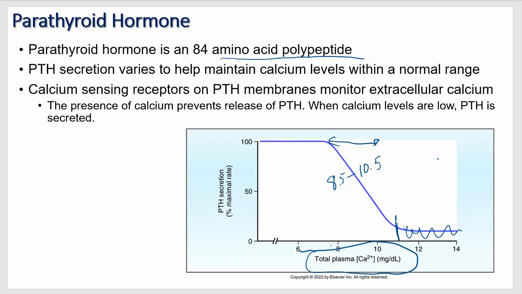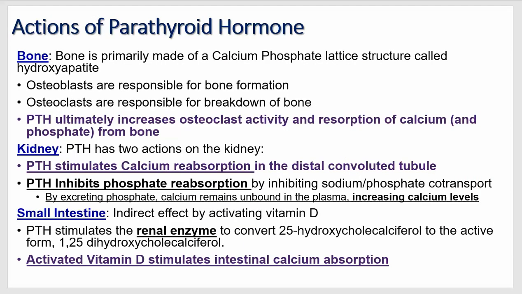Different hospitals use different ranges, but it's all about that. So this is where your parathyroid hormone release will be altered. Okay, so that fits. So the actions of it. What is parathyroid hormone doing? In the bone, it is primarily made of calcium phosphate.